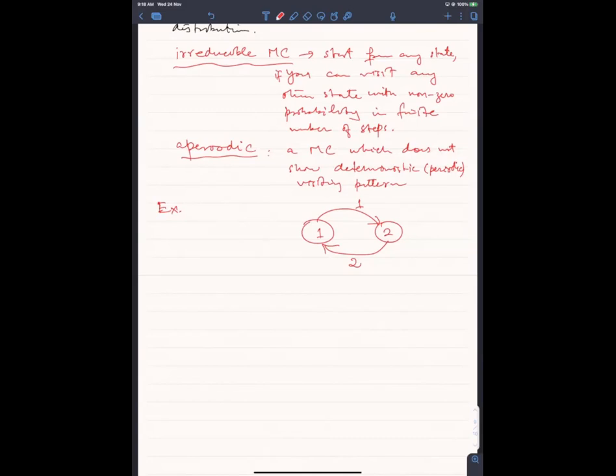So this is an example of a Markov chain which is periodic, and the probability transition matrix for this guy is 0, 1 and then 1, 0.